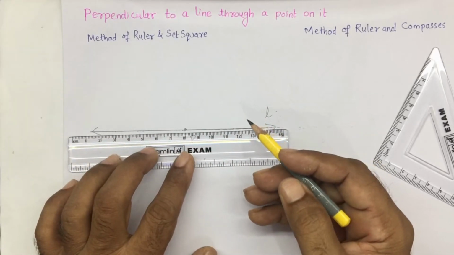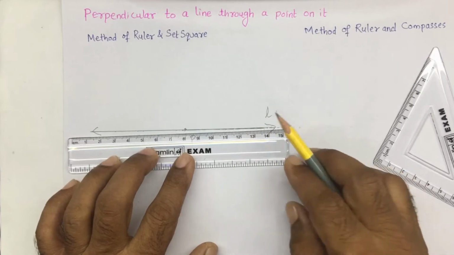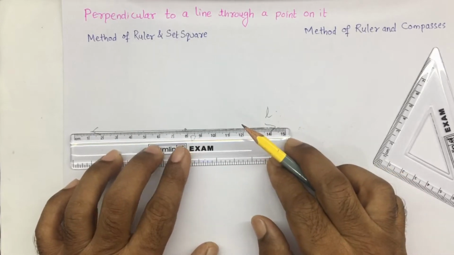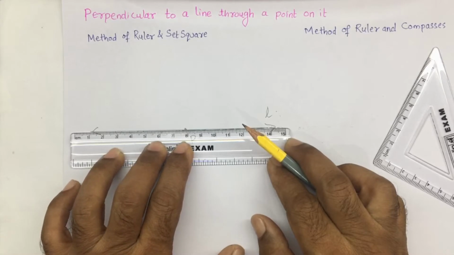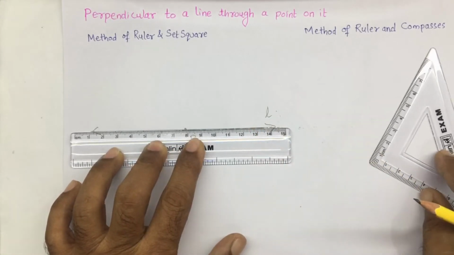For that, you take the straight edge of the ruler exactly coinciding with the line.